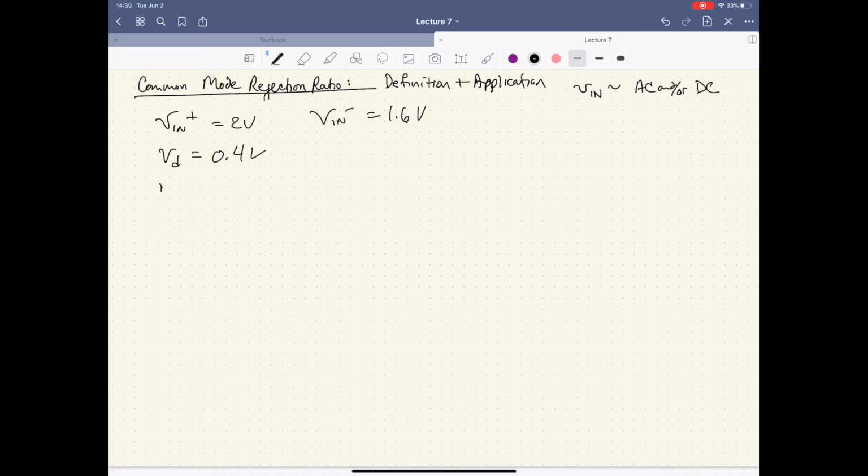Our common mode input, and you've probably seen this somewhere else, but if you haven't, here it is. Our common mode input, VCM, we're going to define as 1.8 volts.